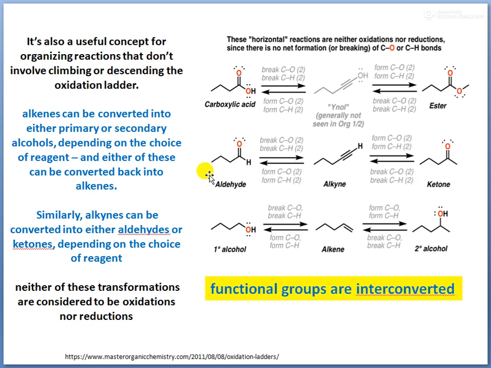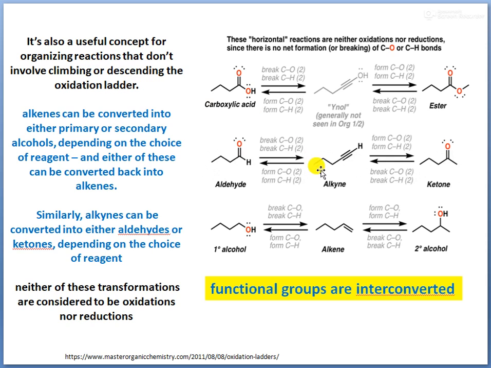There are also horizontal ladders which do not signify any oxidation or reduction reactions. This is also a useful concept for organizing reactions that don't involve climbing or descending the oxidation ladder.